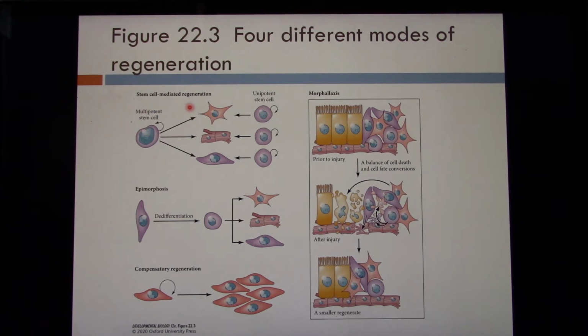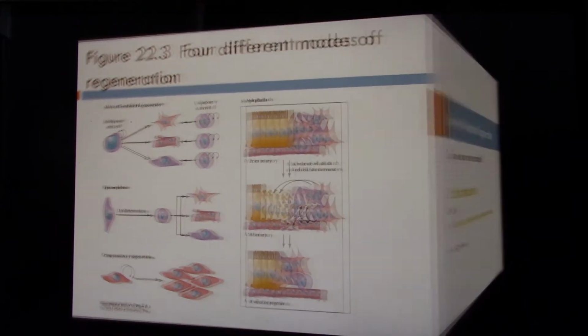We have stem cell mediated regeneration involving a multipotent stem cell. We have epimorphosis that does not involve a stem cell. Compensatory regeneration has a different kind of stem cell because it's a differentiated cell. And then morphallaxis is shown here, and we'll talk about that when we get to that.